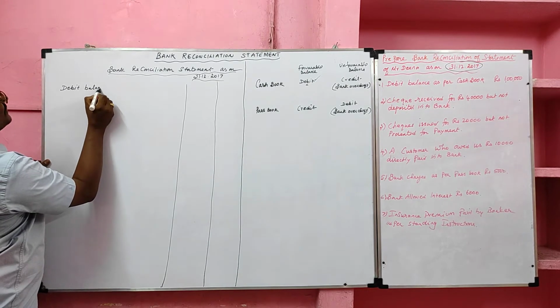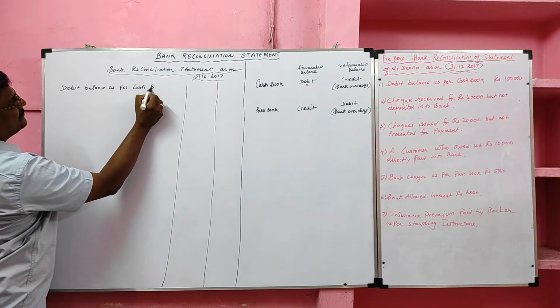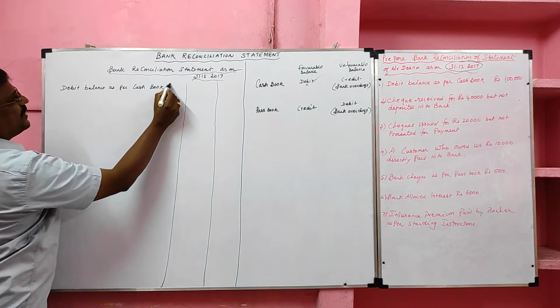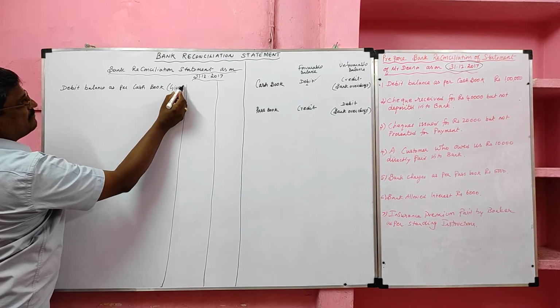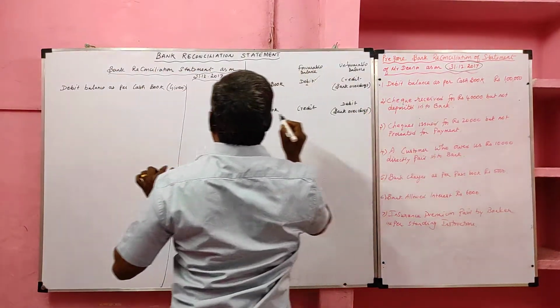So our starting point is the debit balance as per cash book, which is given. How much? Rupees 1 lakh.